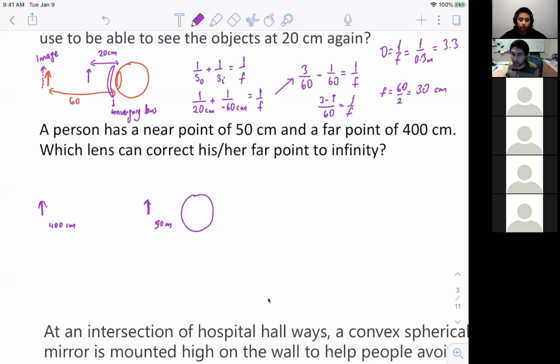So then what we need to do is make a trick by putting a lens, and what it's going to make is that when you have an object at infinity, it will put the image at 400 centimeters. The lens will take the object at infinity to 400 centimeters.